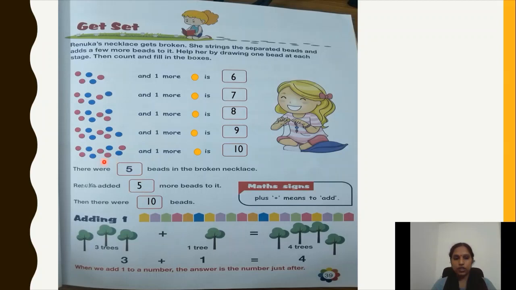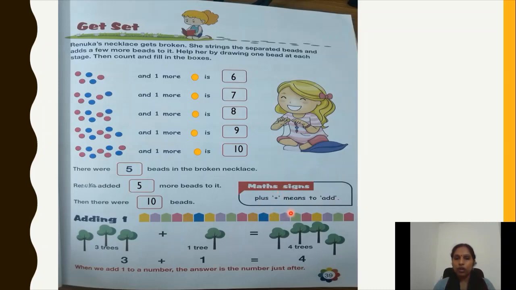Understood this? So from this picture what can you see? When you add 1 to a number, the answer is always the number just after, or the answer is always the next number. Can you read here? Plus means to add. You should always remember this symbol.